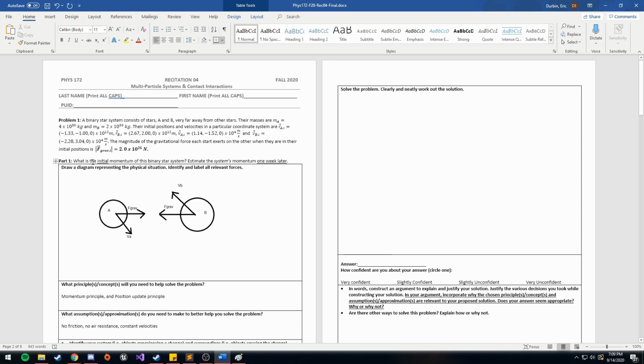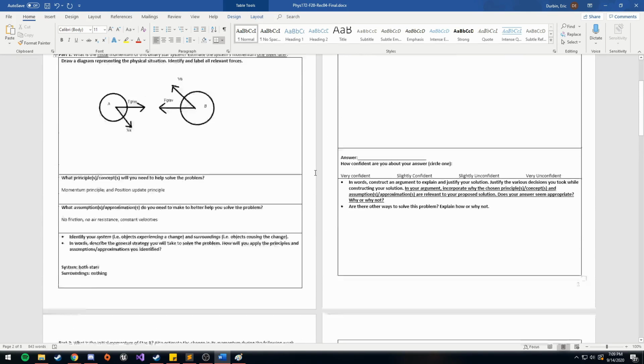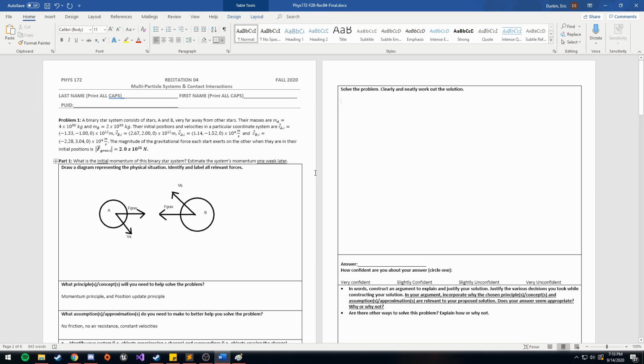Okay, and then what is the initial momentum of the star system? So the momentum would be, just multiply the velocities by the masses and then add them together. We wrote down the strategy, right?